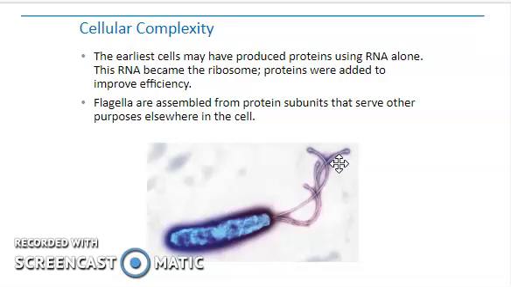So the earliest cells may have produced proteins using RNA alone. This RNA became the ribosome, and then proteins were added to improve efficiency. Flagella were assembled from protein subunits that serve other purposes elsewhere in the cell. So these structures show how cells can reuse their proteins for different purposes.